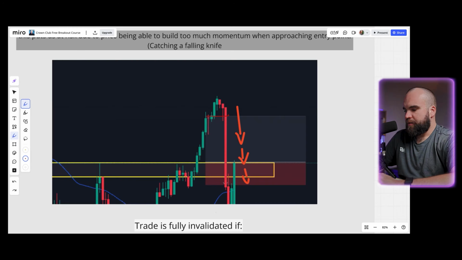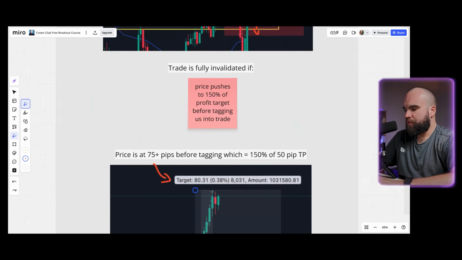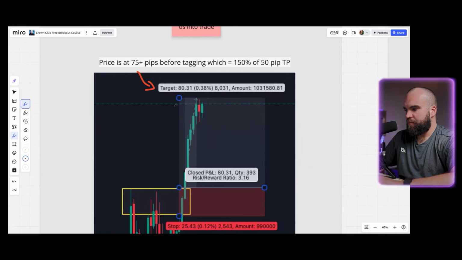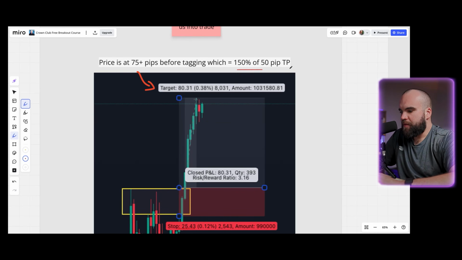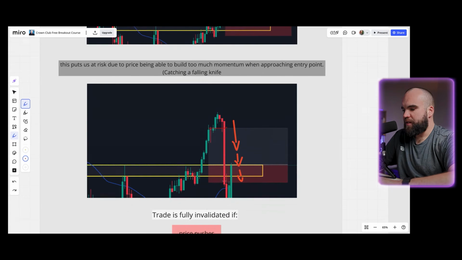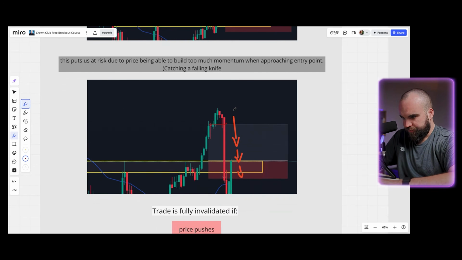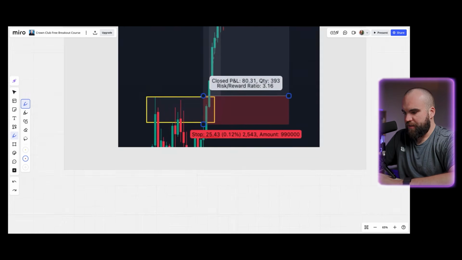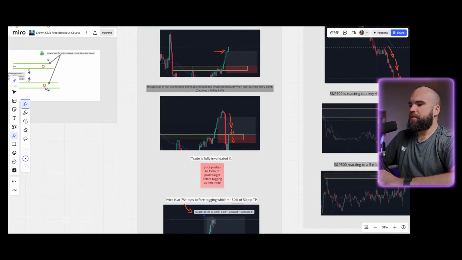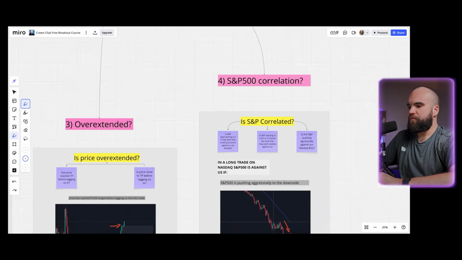So that's what I look for in this example. Here you can see the stop loss is 25 pips and the target got to 75 plus pips, which is 150% of the take profit, which means that it's now invalidated for me. This will save you from that scenario. That's why this particular confluence is so important.